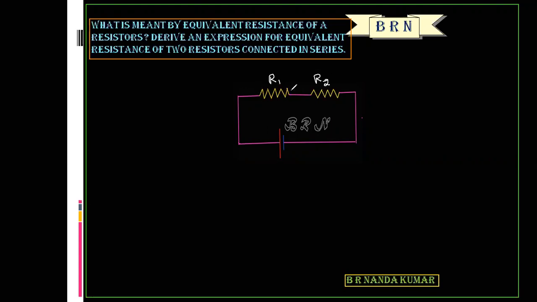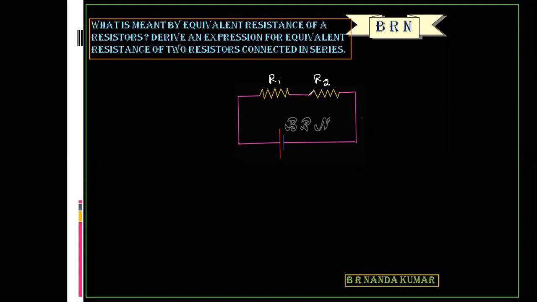This is the circuit symbol of a resistor. What is the meaning of resistor? A resistor is a circuit element which offers certain opposition to the flow of current in that circuit. R1 is the resistance of the first resistor, R2 is the resistance of the second resistor.